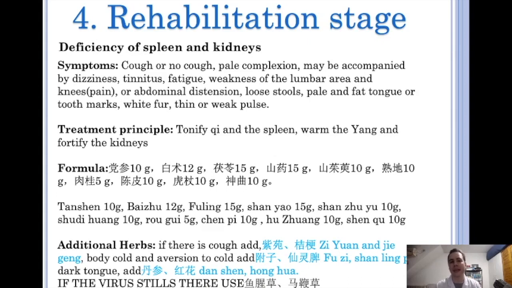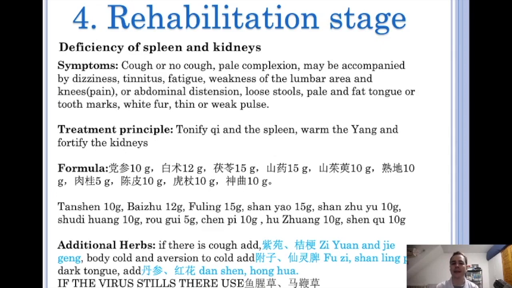So for example, we have a pale complexion, dizziness, tinnitus, okay? Pain in the lumbar area or the knees, okay? Abdominal distension, loose stools, okay? And the tongue is white, sometimes yellow, with a thin and weak pulse, okay? This patient is a little bit weak, so we are going to have a weak pulse.